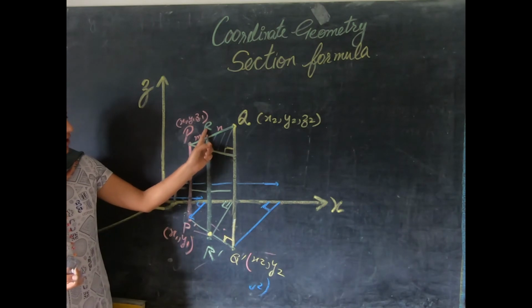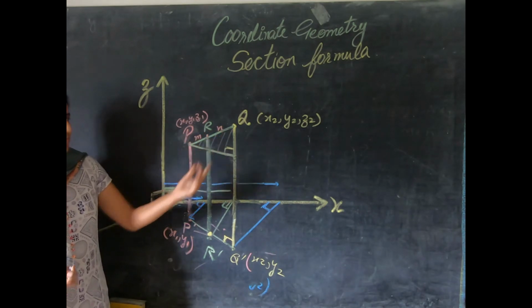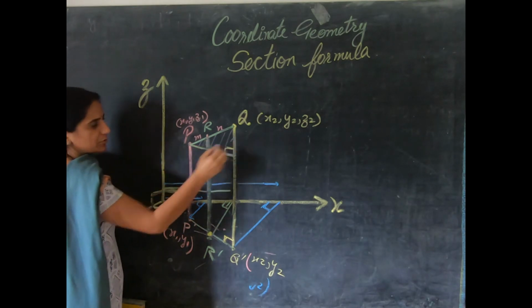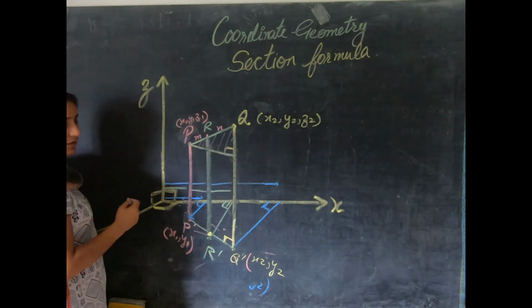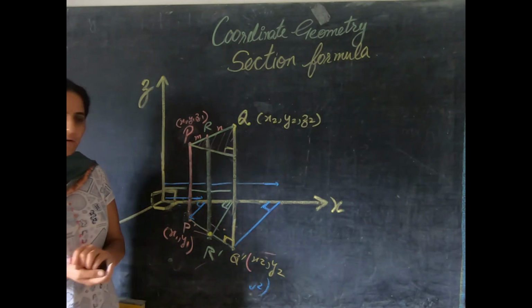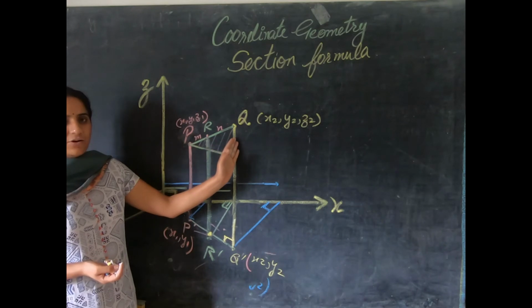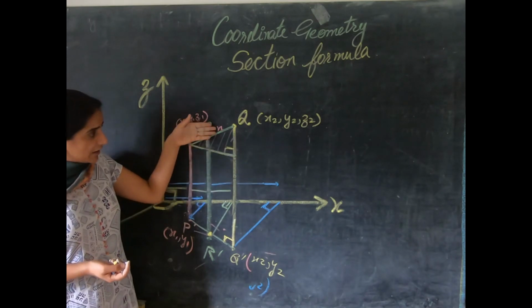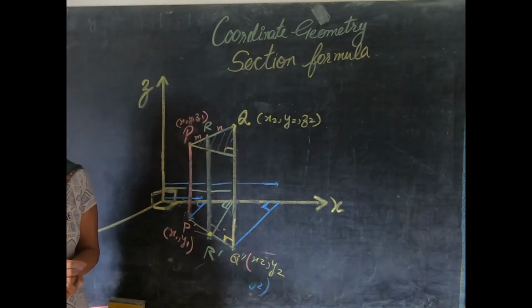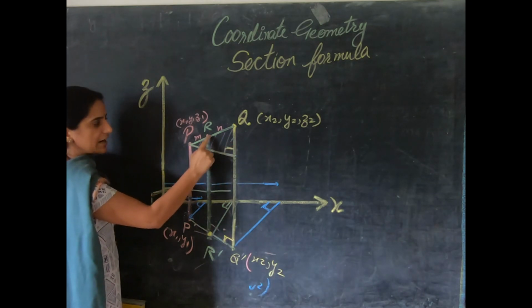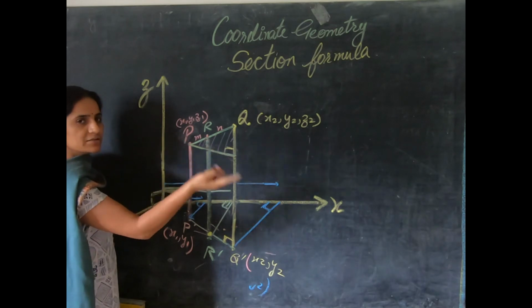This point R divides PQ in the ratio M:N. And this line is parallel to this because both are the heights. So as per the basic proportionality theorem, a line drawn parallel to any side of a triangle divides the other two sides in the same ratio. So as this is parallel to this, this will divide both these lines in the same ratio.